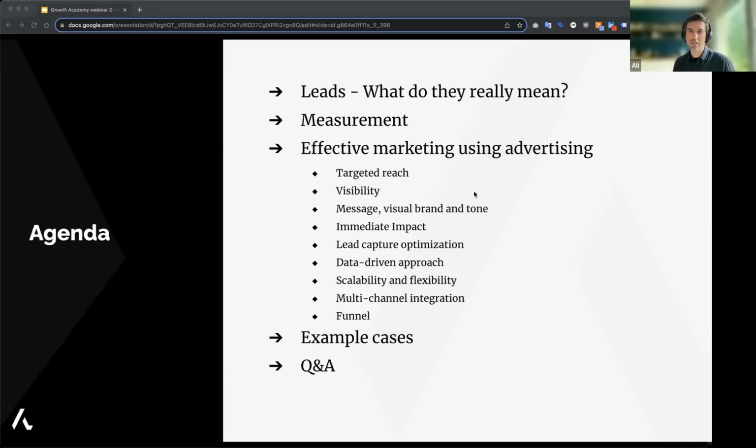We will speak about lead capture, data-driven approach, etc., and also look at the funnel a little bit before we dive into the example cases. And lastly, we will go through your questions and try to answer them if we have the answers, or we will record them and send you the answers if we don't have the answers right now. But let's get started, and I will let my colleague Konsta take over here and talk to you about the leads.